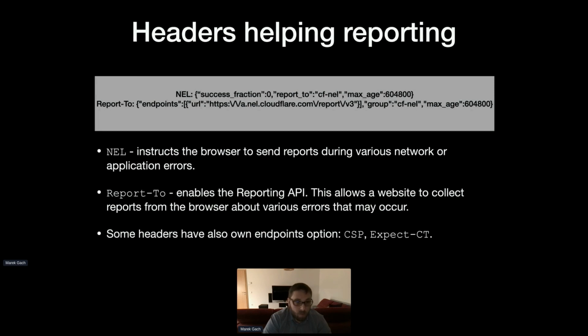It is fine to put that header in place, connect it with the reporting tool, and then you are able to see such information from the users, even information about an expired certificate and so on.